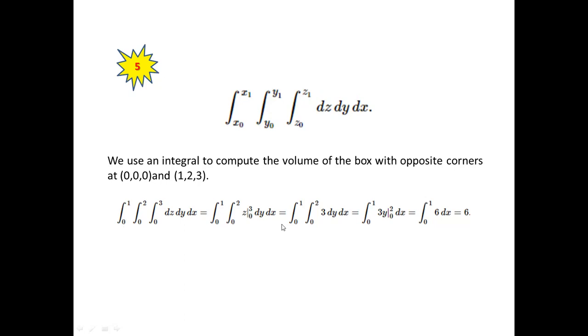And of course, you know how to do it. Since we don't have any variable here, it's just a simple case of integrating the differential. So you'll have a z, then we substitute the limit here, that would be a 3. So we have a 3y. Then we substitute the 2, that would be a 6x. 6x times 1, that would be 6. Automatically, the lower limit 0 will be a 0.